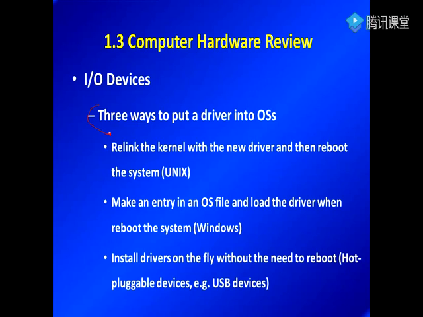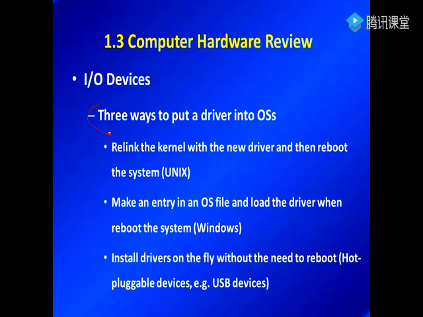We need to build the connection between the driver and the operating system. You must have such experience that you buy a printer, a scanner, or any device, and you have to install some driver, right? That driver is provided by the manufacturer of your devices, right?